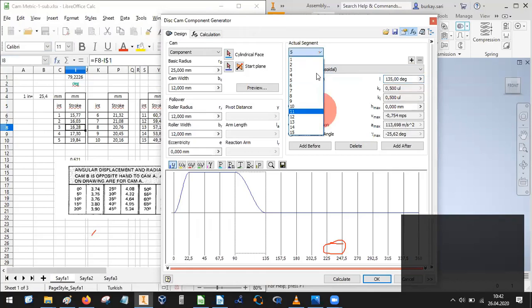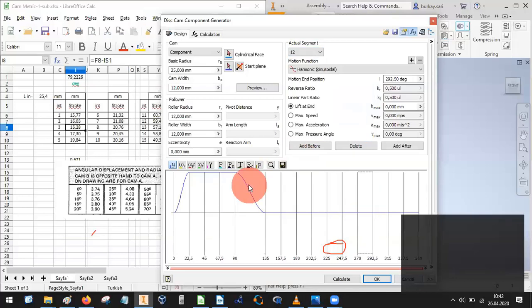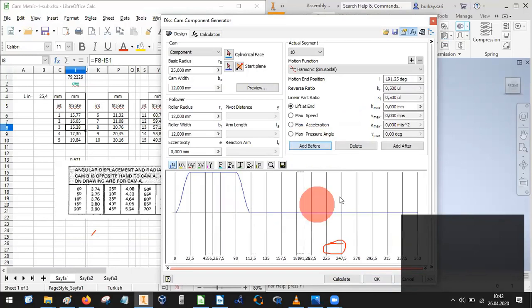This time, I need 26 segments only. It is not important because we are going to make our entries manually here.